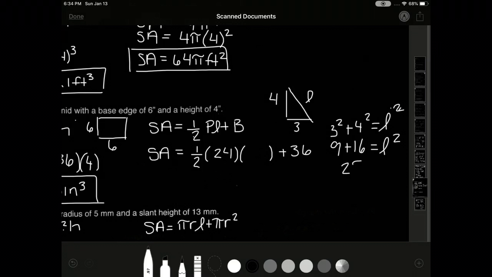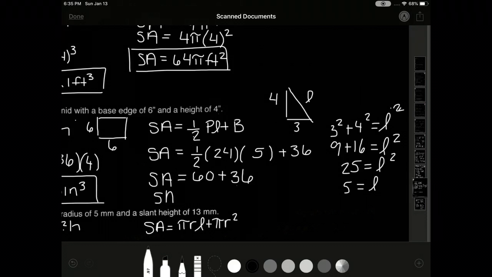So 25 equals L squared. And when you take the square root of 25, you get 5 for L. And then plugging all of this information in, 24 times 5 is 120. Half of that is 60. So we get 60 plus 36. So our surface area is 96 inches squared.